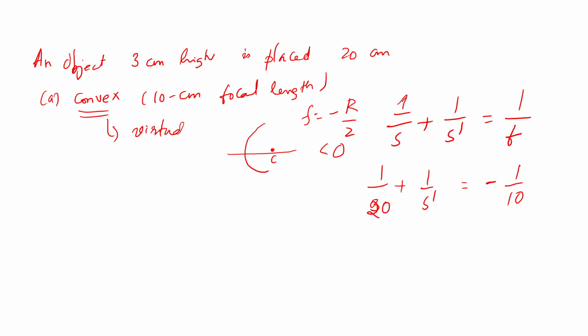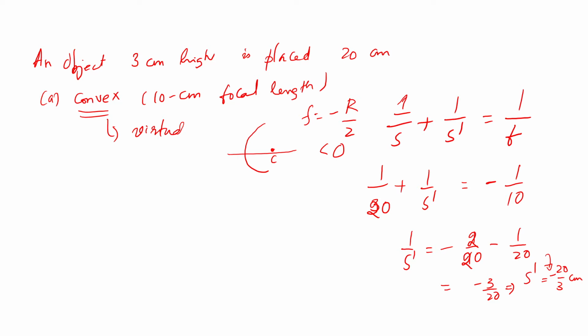So if I want to determine 1 over s prime, I have minus 1 over 10 minus 1 over 20, right? I can write this as minus 2 over 20 minus 1 over 20, or minus 3 over 20, which implies s prime is equal to minus 20 by 3 centimeters, right? So now you can see that s prime came out to be negative.